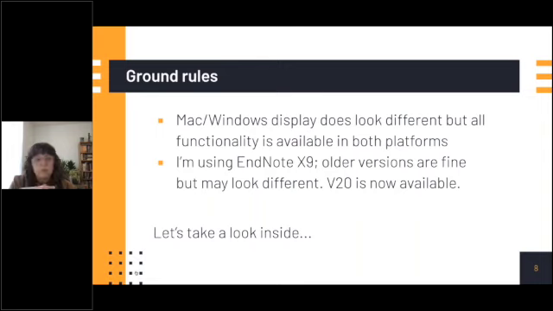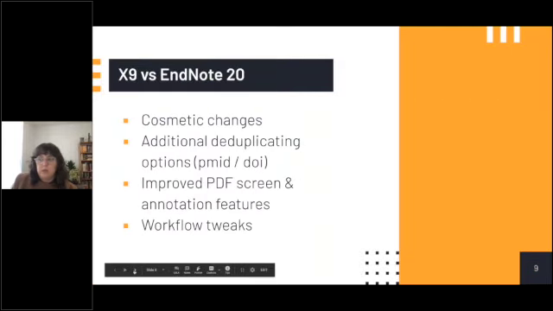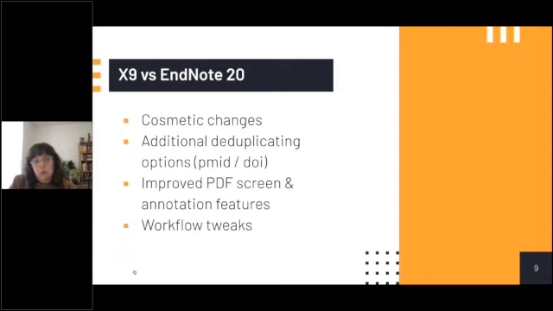And as I mentioned, version 20 just came out late in the fall for Windows and early in the new year for Mac. I've been playing around with it, but I'm not totally familiar with it, so I'm going to use X9 again today. For the most part, it's a cosmetic change, so it's more colorful and some of the icons are bigger.